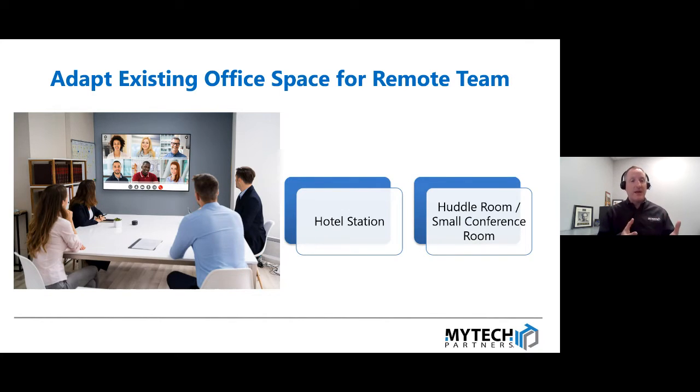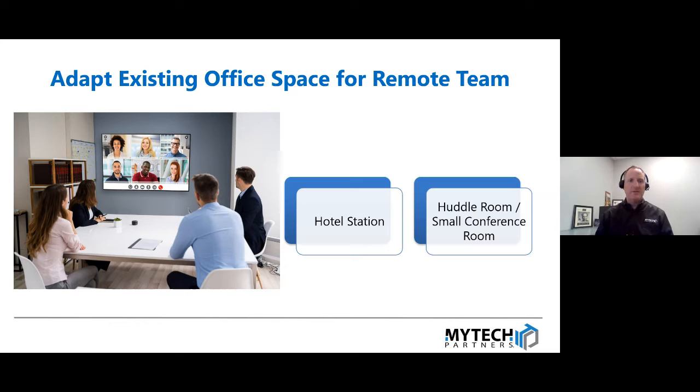So think about that so that you can engage your remote team differently or better. Or hotel stations, where you might set up stations that have standardized technology and standardized equipment, so that if a remote team member comes in, they can just plug in their laptop and connect to everything in your environment, as well as multiple external monitors, keyboard, mouse, headset, etc.